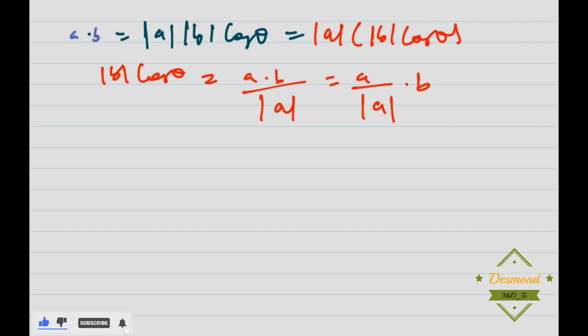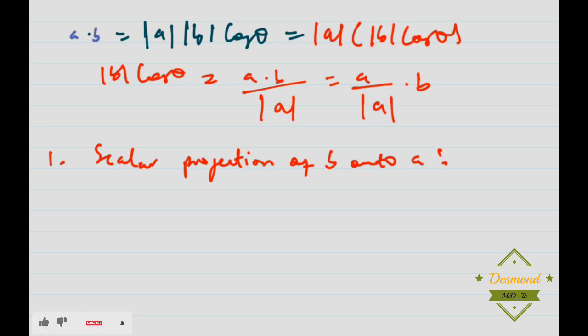We can summarize these ideas as follows. With the first one, the scalar projection of B onto A, we have comp of A, B, which is equal to the dot product of A and B over the modulus of A. So the scalar projection of B onto A is written in this form.